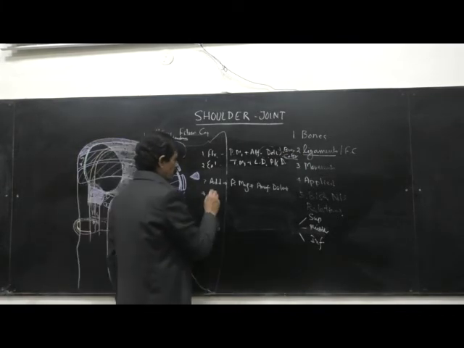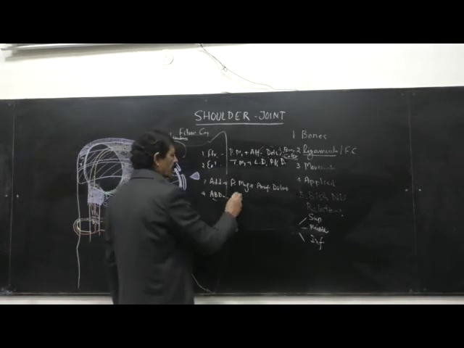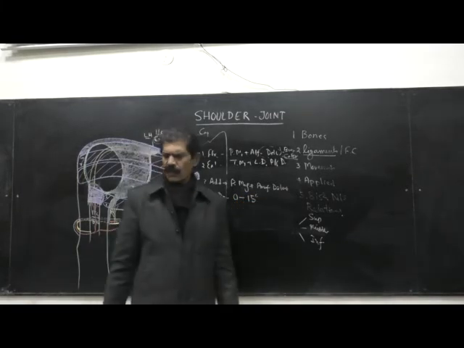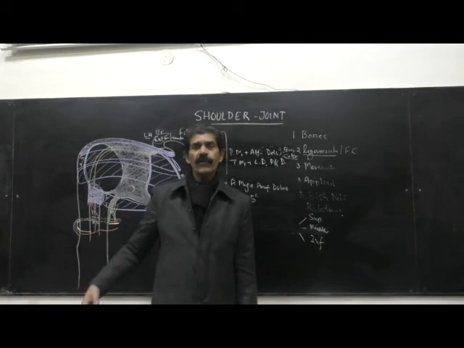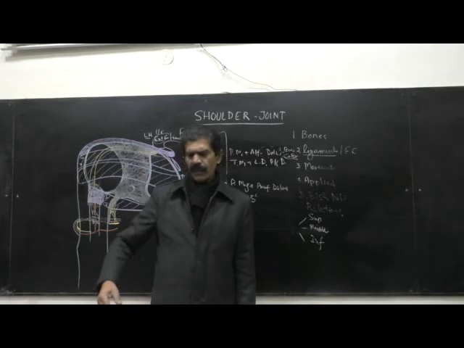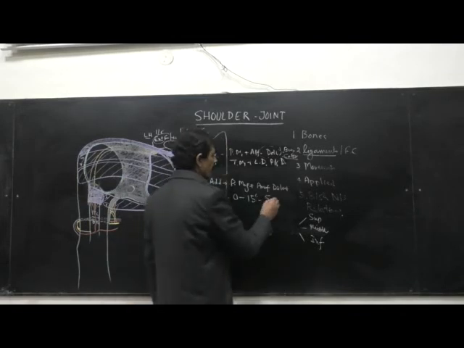Then the abduction. Abduction movement is done by various muscles. First, the first 15 degrees of abduction. The most functional position of the upper limb is the first 15 degrees of abduction, while we are writing, while we are eating. The muscle doing it is the supraspinatus.